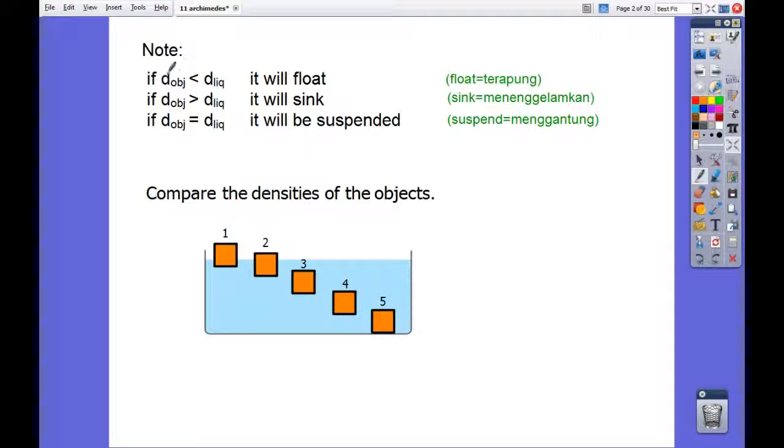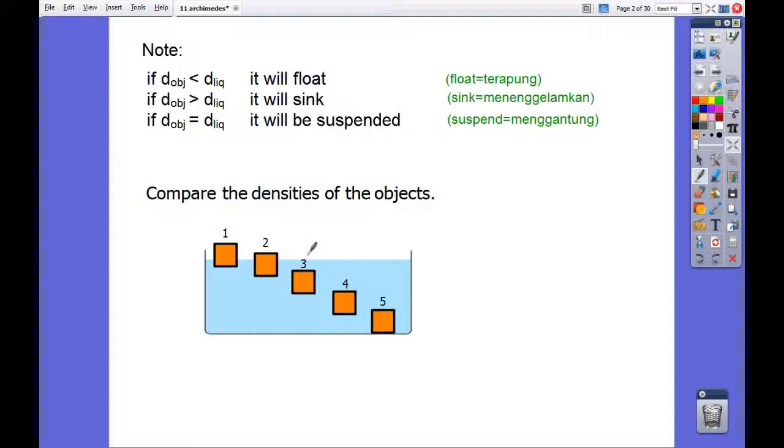If the density of the object is less than the density of the liquid, it will float, terapung. And if the object has higher density than the liquid, it will sink, like stone, iron, and stuff. If the density of the object equals the density of the liquid, it will be suspended inside the water.